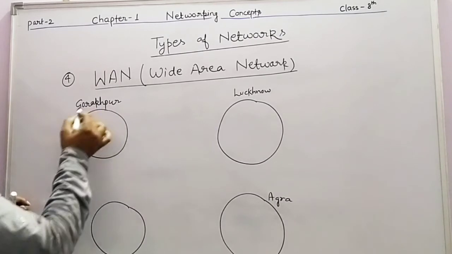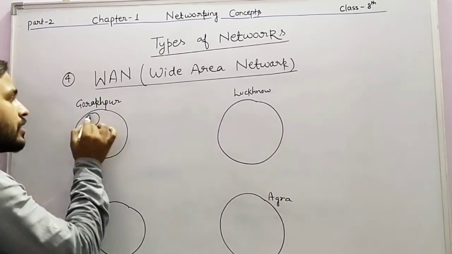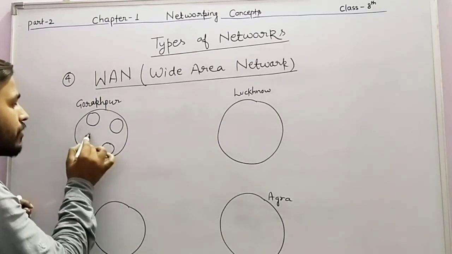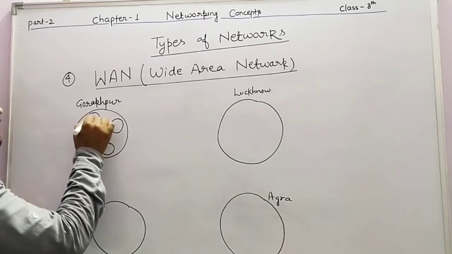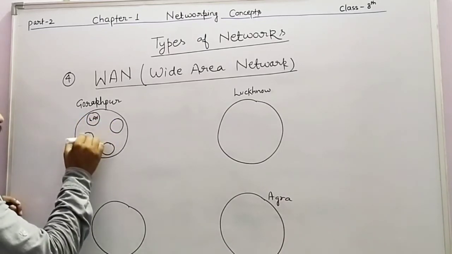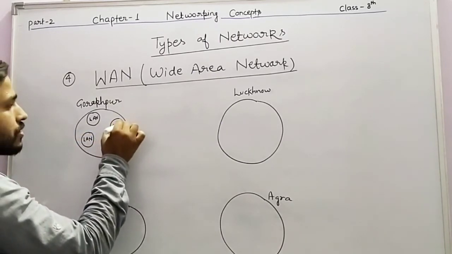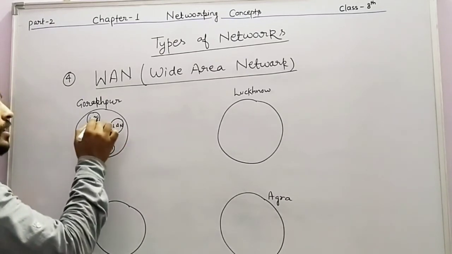In this city, there are different areas. If we are talking about this area, there is a LAN connection. If we are talking about this area, there is also a LAN connection.